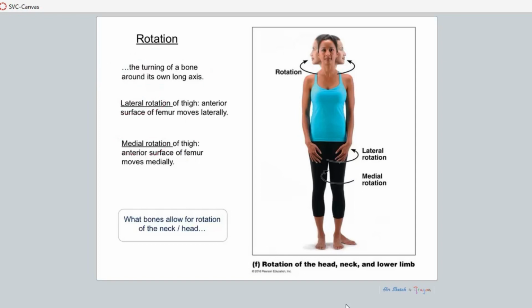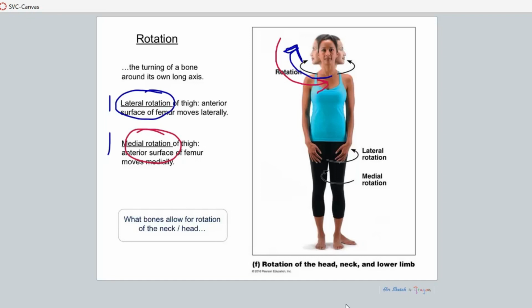So here's rotation at the neck, and by exam time you should know the vertebrae that are responsible for this motion. But here's rotation right there. Is that lateral or medial? That's lateral rotation. Then you bring it back in, and that's medial rotation.